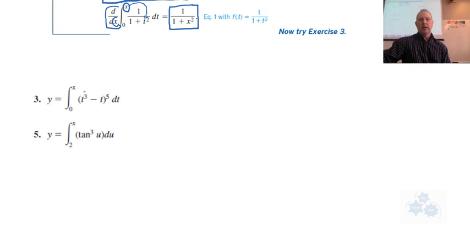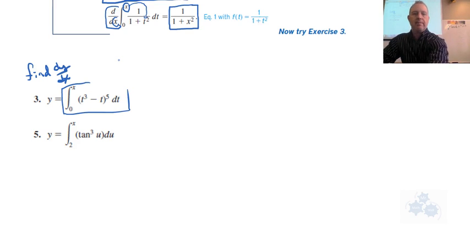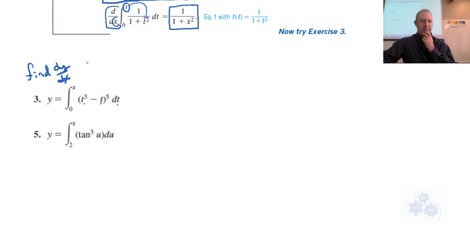So for this one, we are finding the derivative, so find dy over dx of this particular thing right here. There's y, and I want to look at this as a t and this as a dt, but I want to find dy over dx. As long as I have x up here, I can simply plug in x for there.